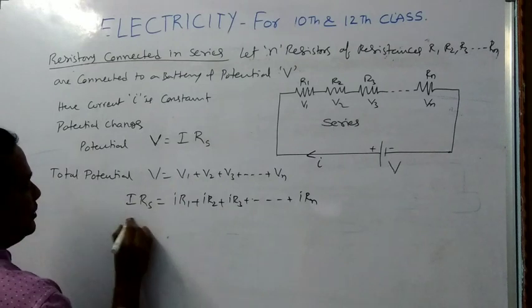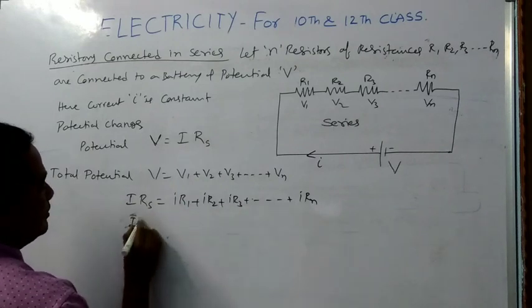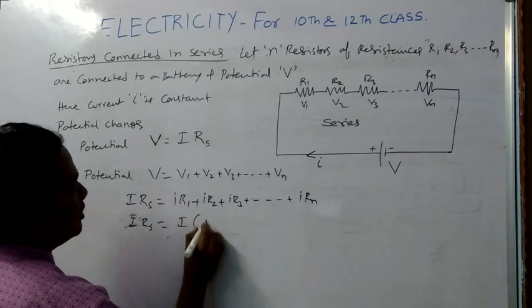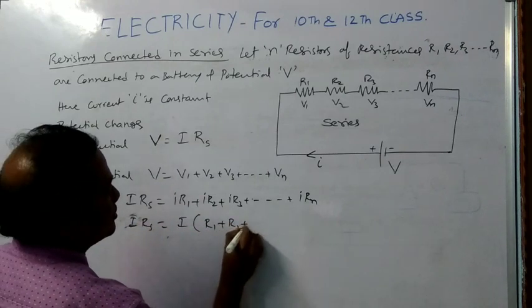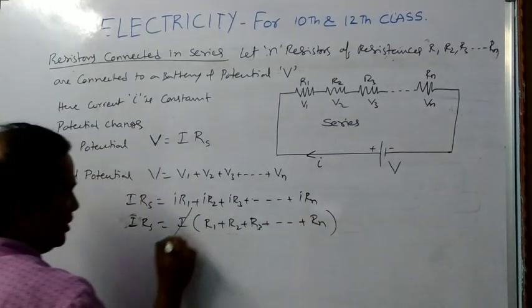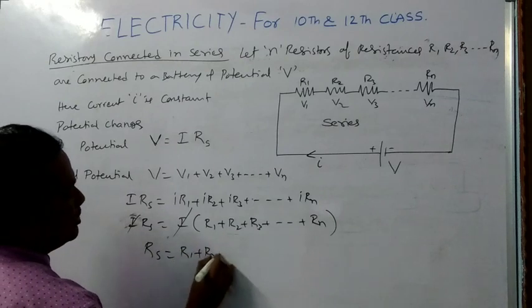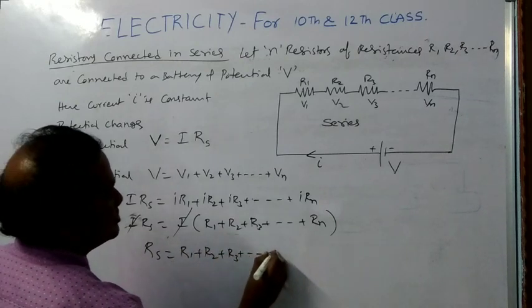So simply I take out I as common. I Rs is equal to I times R1 plus R2 plus R3 plus and so on plus Rn. I cancelled. Rs is equal to R1 plus R2 plus R3 plus and so on plus Rn.